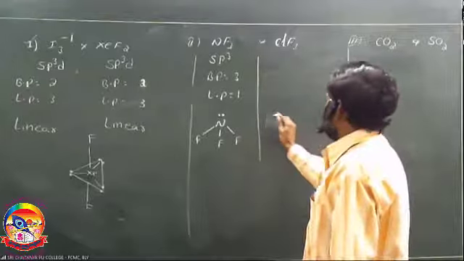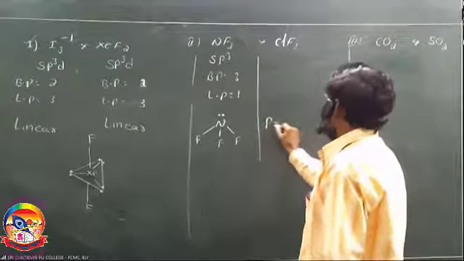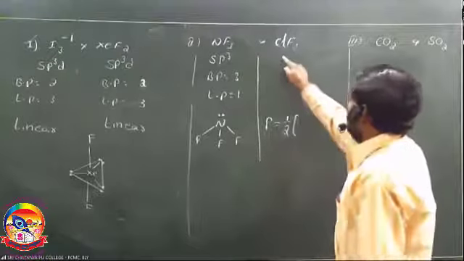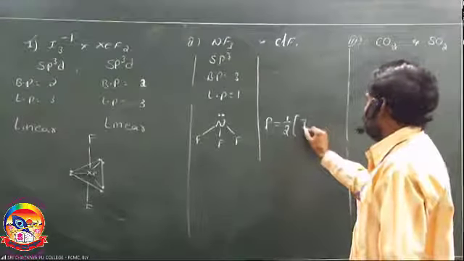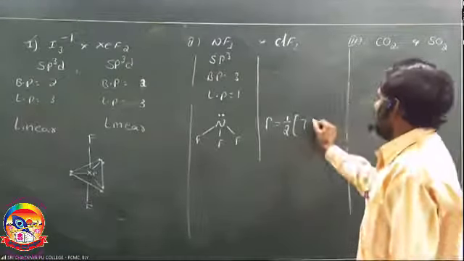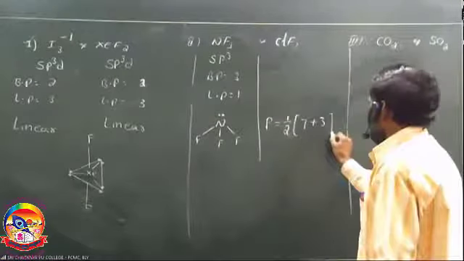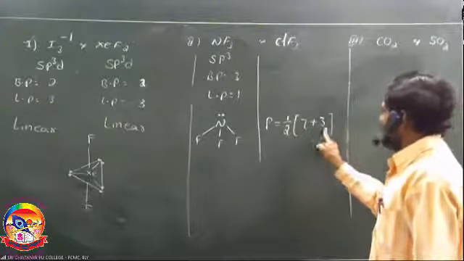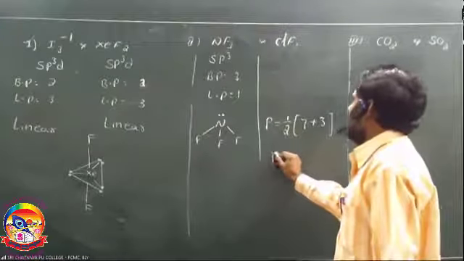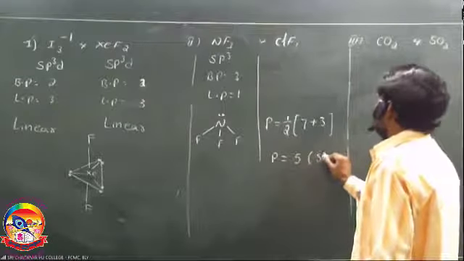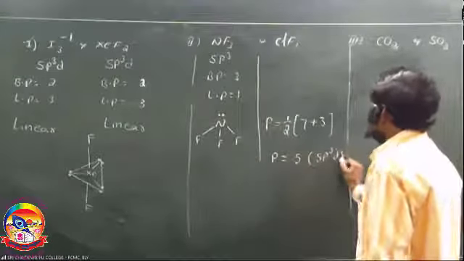So P is equal to half into group number. Chlorine belongs to 7th group. Number of monovalent, fluorine is monovalent, 7 plus 3. It is a neutral molecule, no charge. So 7 plus 3, 10. 10 by 2, 5. So P is equal to 5. 5 means sp3d hybridization.